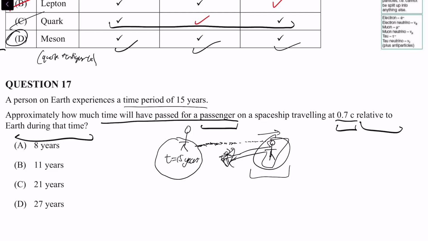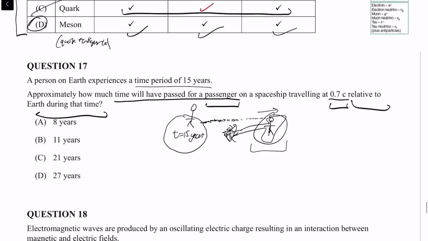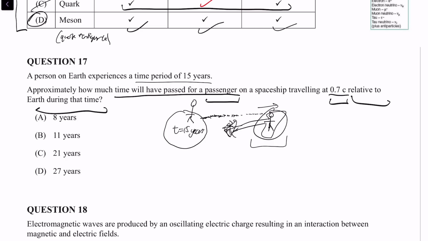So the closer you get to the speed of light, the less time you will take to travel than someone who is an outsider and observes you from a stationary position, right, and sees you moving. And so yeah, you'll see there that we are trying to find our T0, which is the stationary passenger in the spaceship relative to Earth.